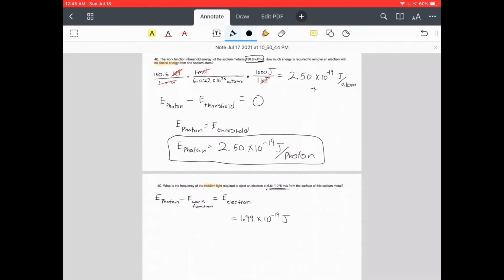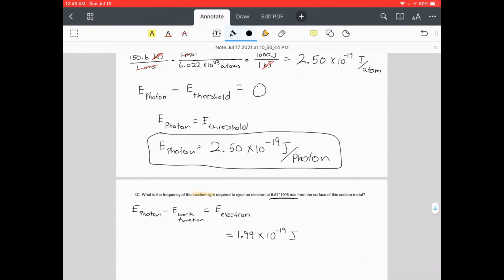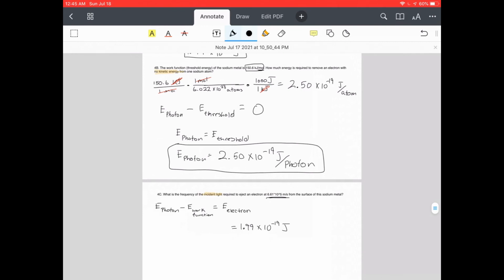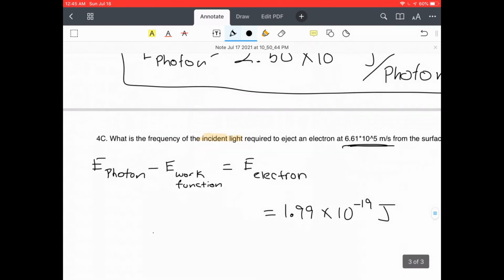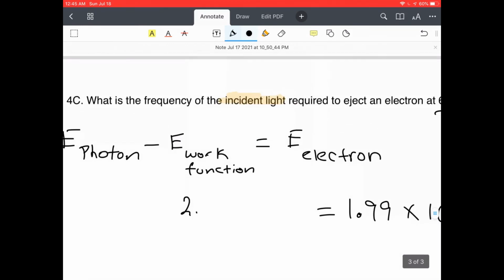Since one photon interacts with one atom to kick out one electron, I need to figure out the work function of one atom. And so that's why I'm going to use the 2.50 times 10 to the negative 19 joules per sodium atom. So I'm going to write that right here. 2.50 times 10 to the negative 19 joules.